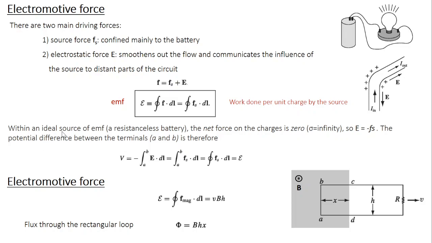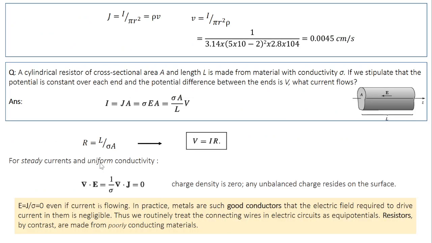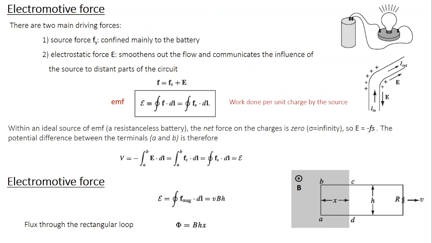Now if you take an ideal source with zero resistance, if you recollect the case discussed before, in the case of an ideal source, the electric field or the force on the charge is 0. So here the net force on the charge is 0 because you have infinite conductivity here.